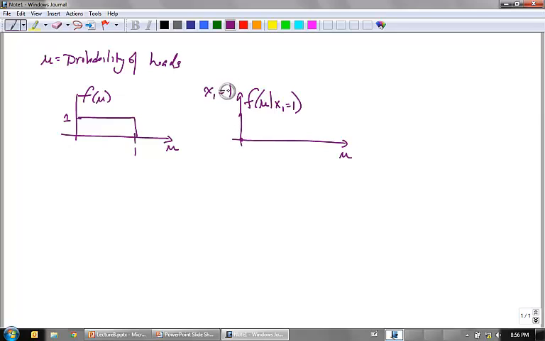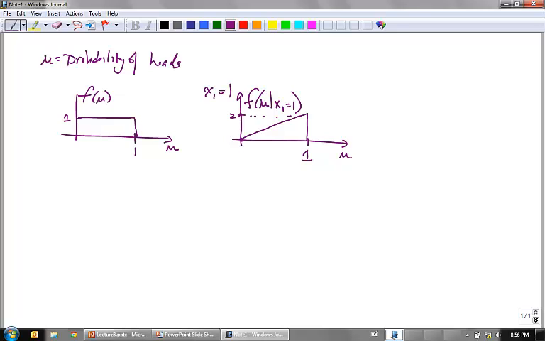And because I've observed a heads, it seems more likely that the probability distribution of mu is skewed toward larger values of mu than smaller values of mu. So maybe it has to start from 0 and get bigger. What's the simplest function that will go from 0 and get bigger? It's probably going to be a triangle. And this value here would be 2, just to make sure that the whole thing integrates to 1.